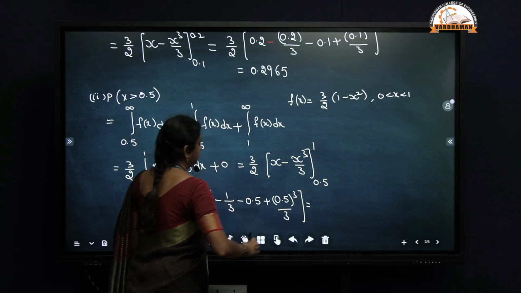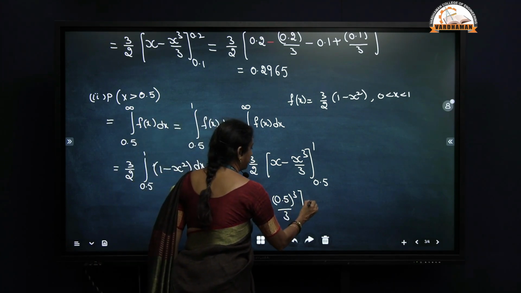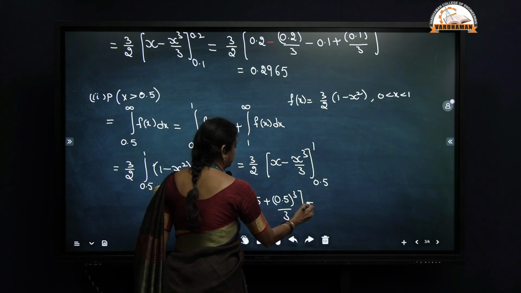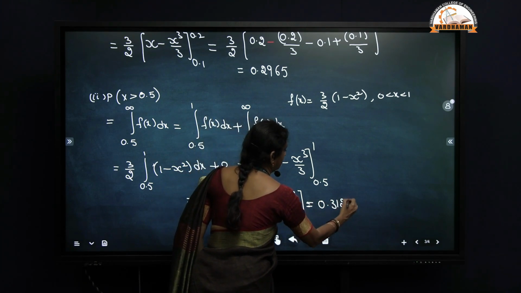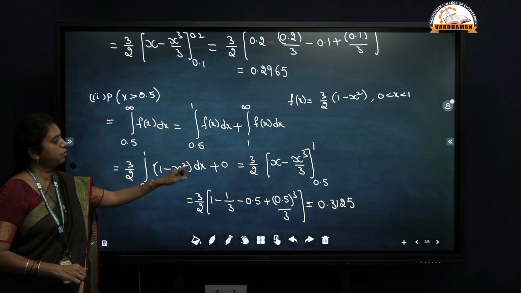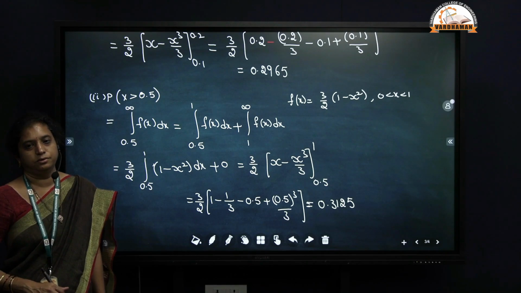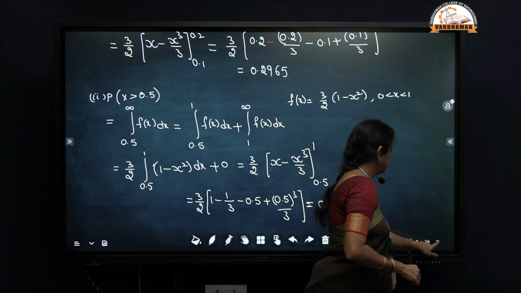On simplifying this value, the probability for x greater than 0.5 is equal to 0.3125. So the probability value of x greater than 0.5 is 0.3125. Now, we will look at another example.